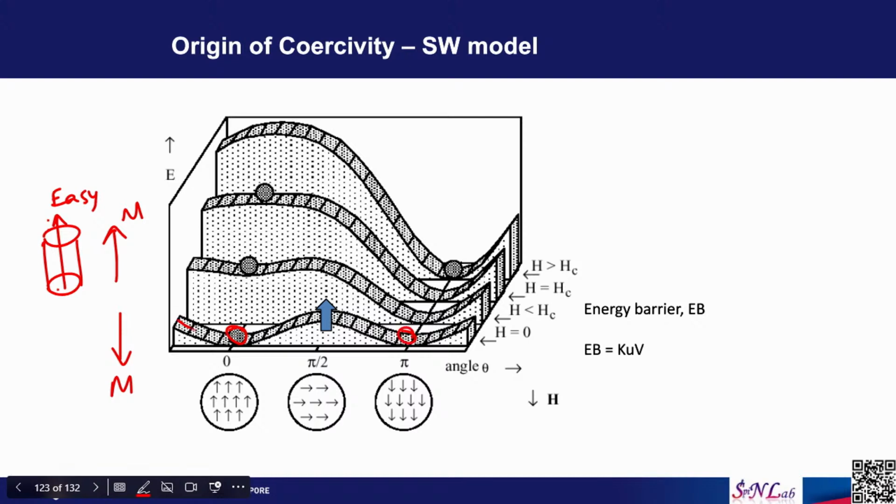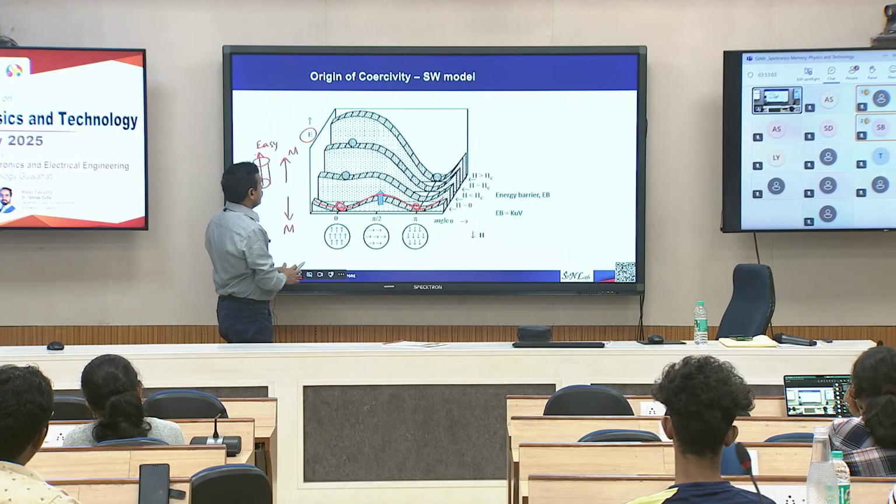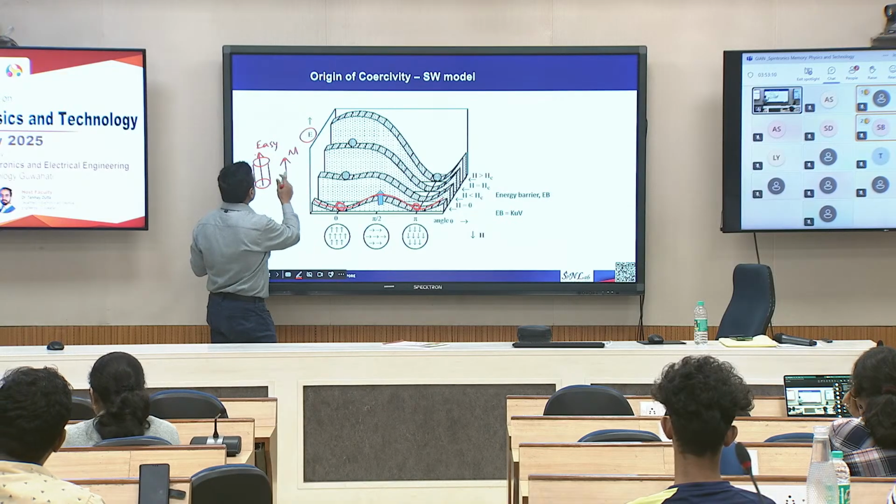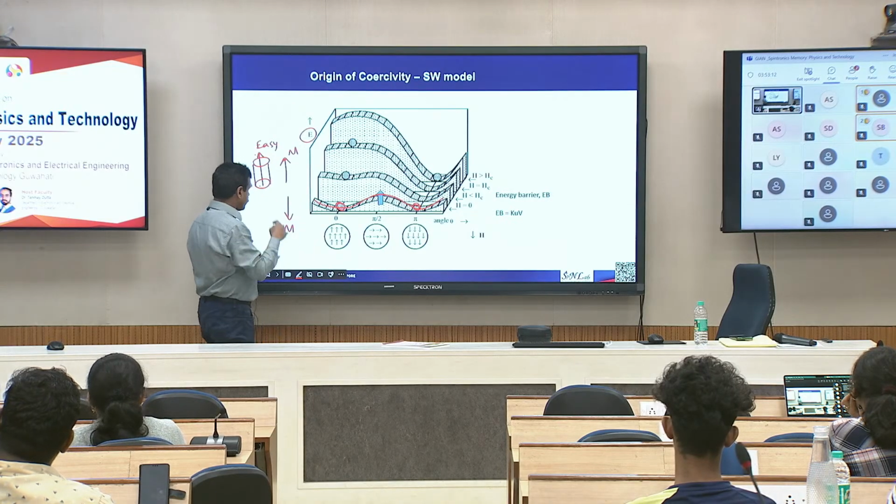Okay, so, you can see that let us say this is called energy landscape. So, you plot energy as a function of the angle between the easy axis and magnetization.